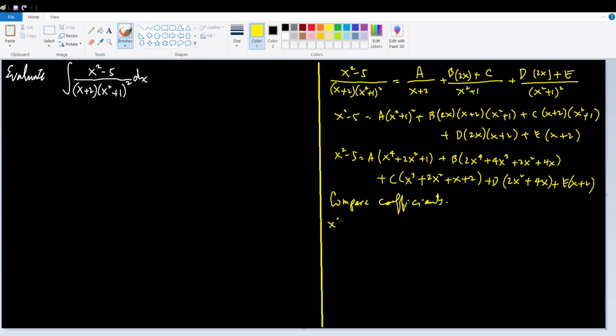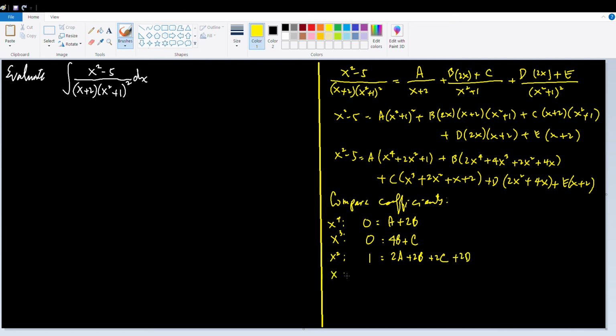X to the 4th, 0, a plus 2b. X cubed, 0, 4b plus c. Okay, then x squared, that will be 1, 2a plus 2b plus 2c plus 2d.